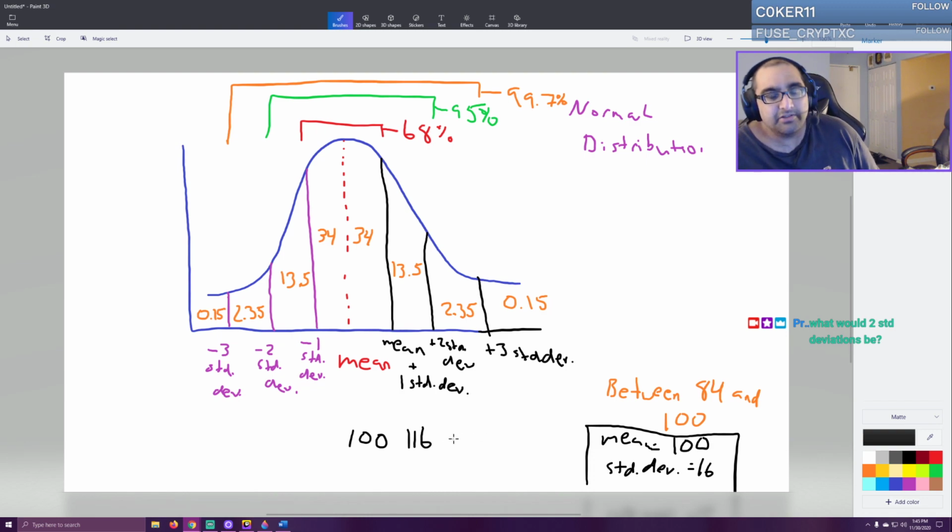Basically, just add another 16 to it. If you're going to go 2 standard deviations, just add another 16 to your previous result of 116.